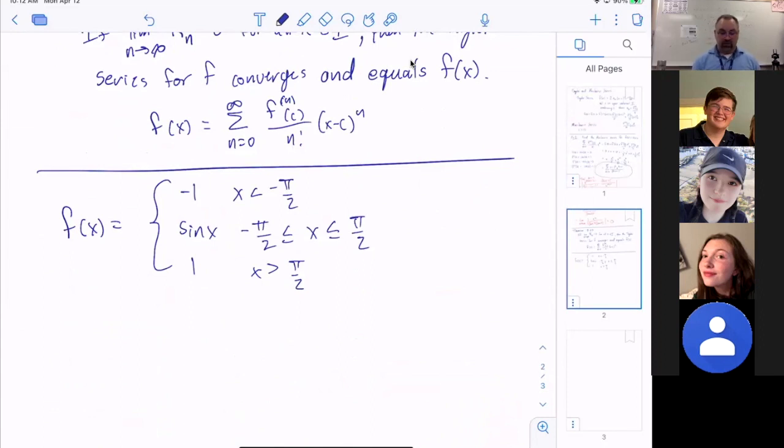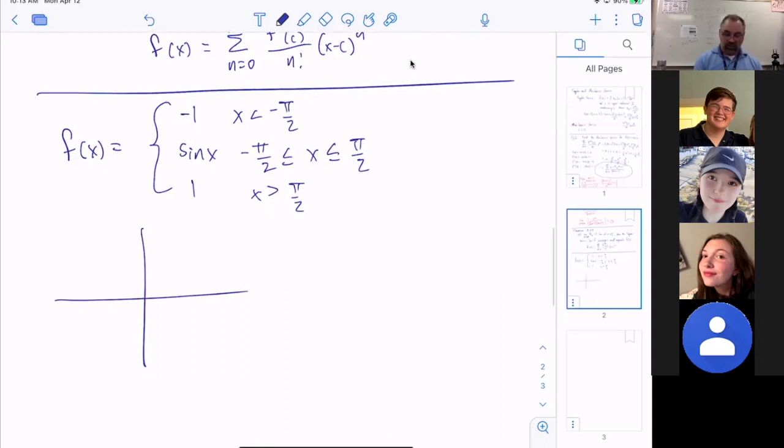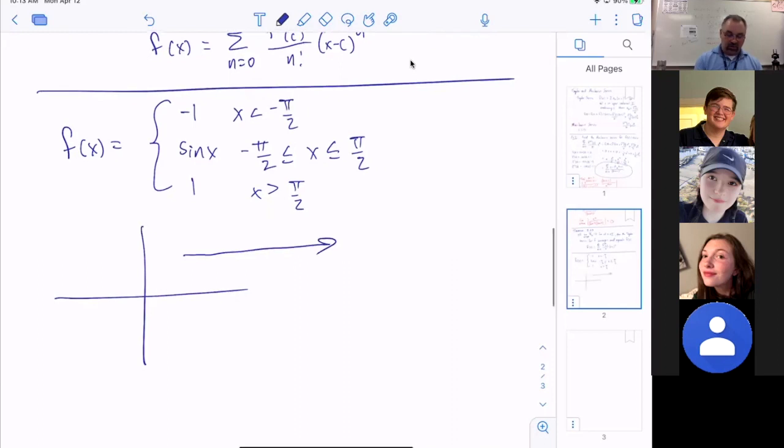But this function here has kind of a strange look to it. If I sketch it really quickly, basically it does this. It's got a positive one here, it's got a negative one here, and from pi over 2 to pi over 2, it does something like this.